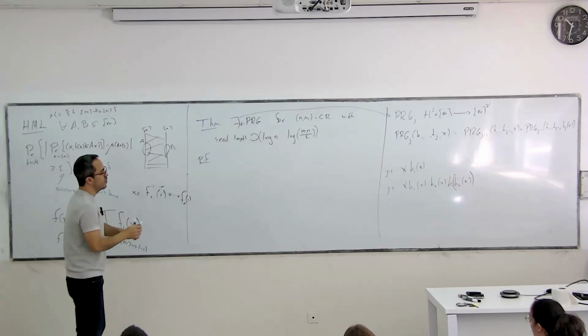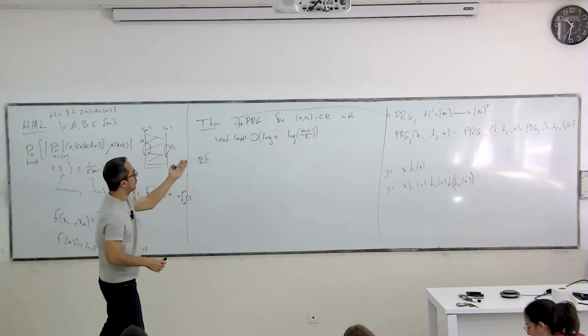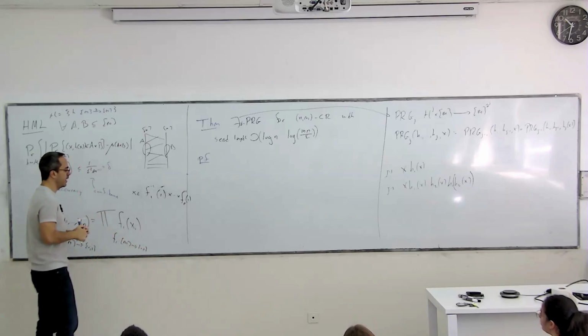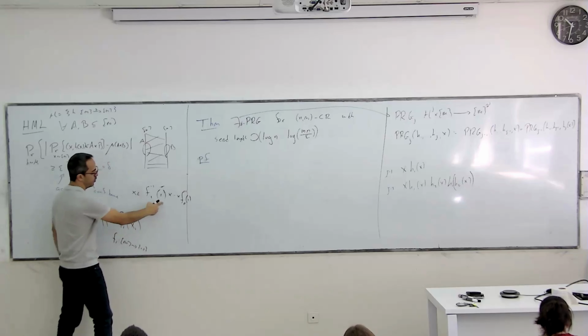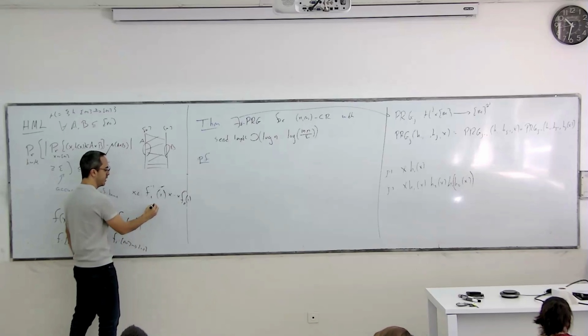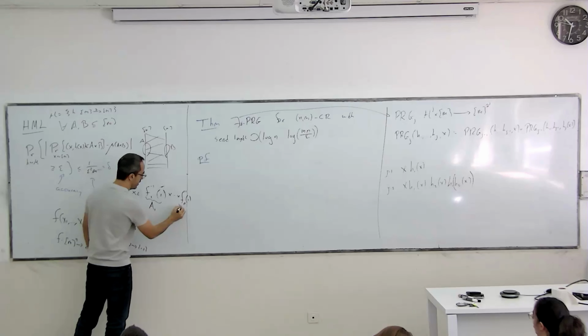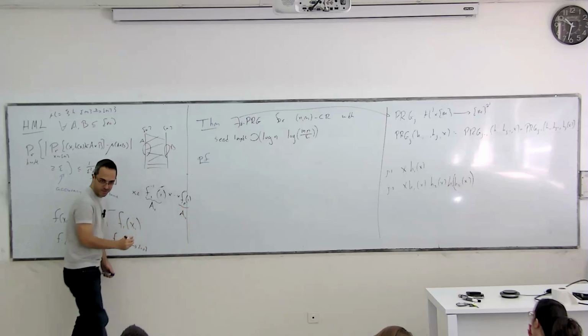So let's start with the proof. Again, I'm trying to show that this is a PRG for combinatorial rectangles. You're going to give me a combinatorial rectangle, and actually it will be nicer to work in this kind of notation. Instead of functions, we're just going to call these A_1 through A_n. These are the sets.